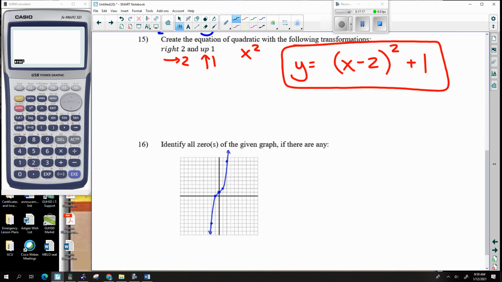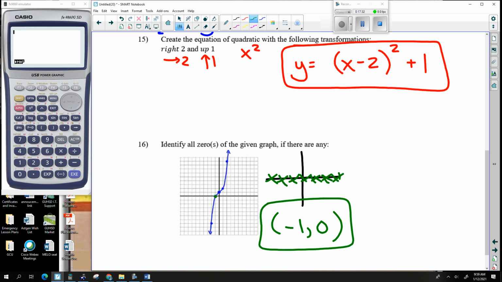Identify all the zeros. Again, what a zero is, anywhere that it touches the x-axis. So I see right there, which is occurring at -1, 0. That's the only time that it touches the x-axis.